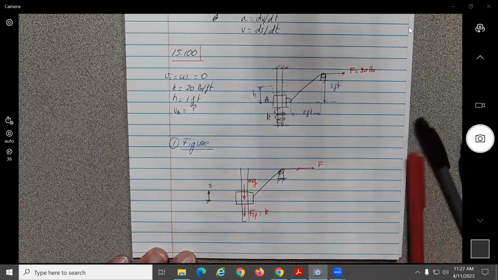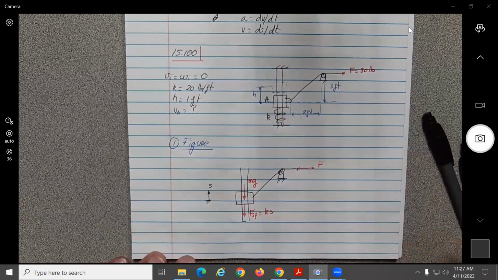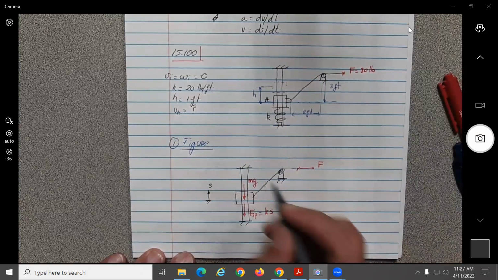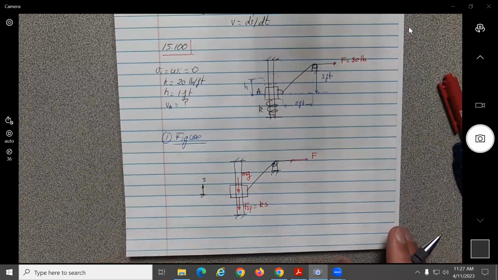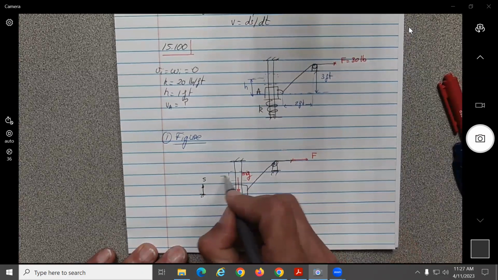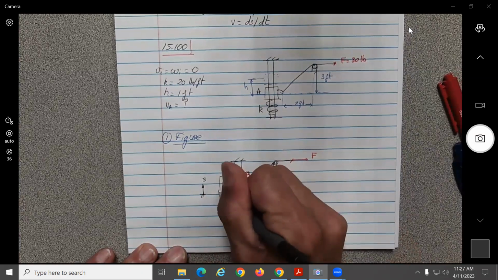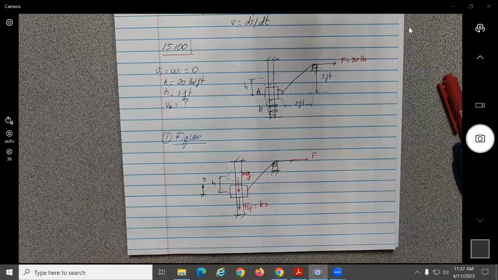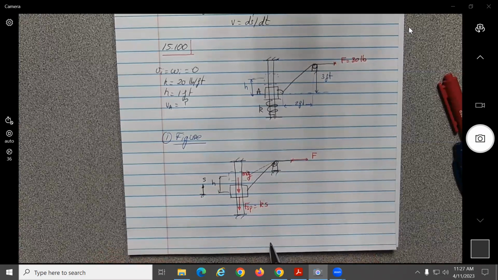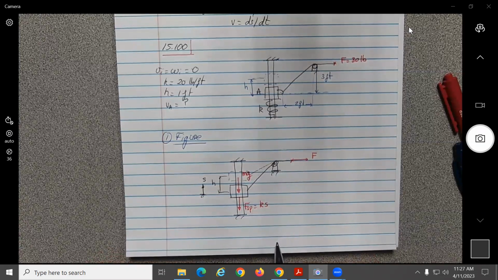That way it's better. And then this will be moving a distance, let's say H. Okay, so this will become like this. I mean, you need to do some type of figure, no?